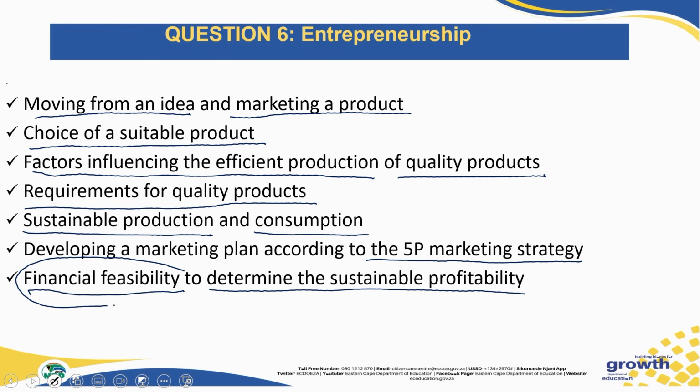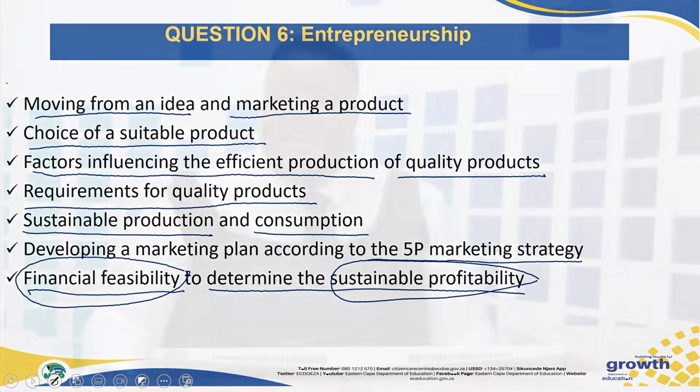Know these concepts, what is financial feasibility and what is sustainable profitability. Have an understanding of what is a worst case scenario or the best case scenario. In this section, grade 12s, you will have quite a number of concepts that you will have to define.